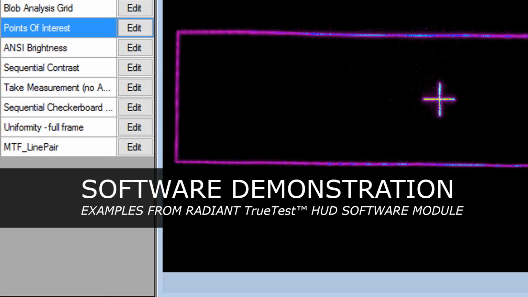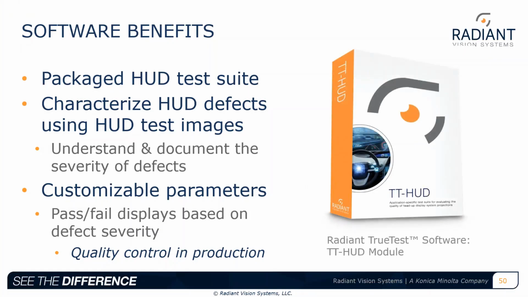And this platform is called TrueTest, and it's a specific module that was created by Radiant called TT HUD that allows us to characterize all aspects of the existing technology in head-up displays today, whether we're looking at uniformity, luminance, chromaticity, pixel level defects, modulation transfer function, ghosting, warping, various levels of distortion and contrast.